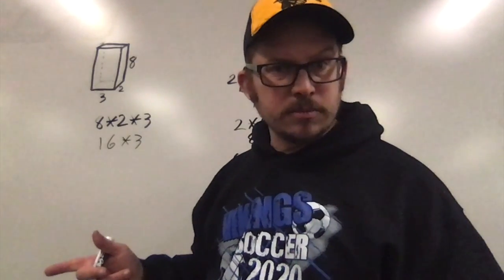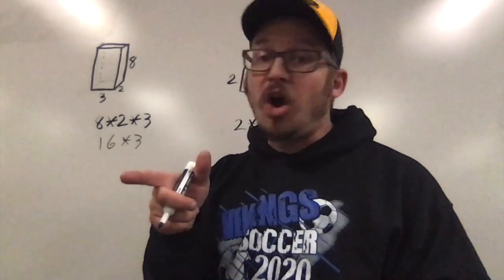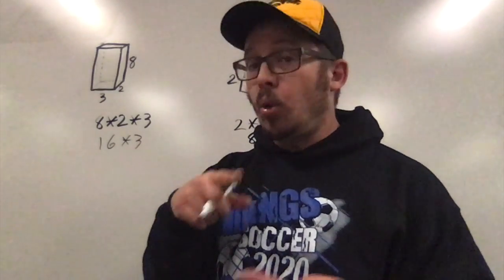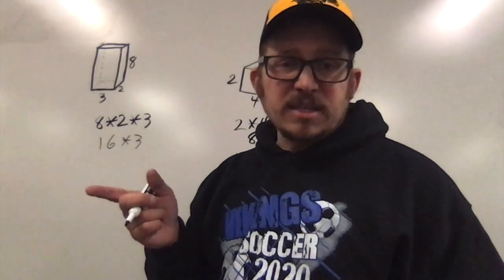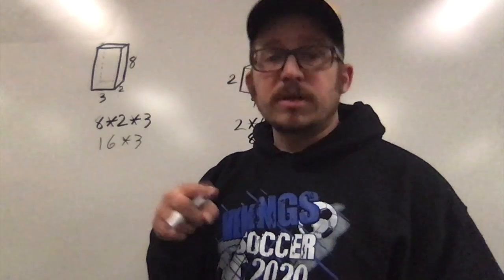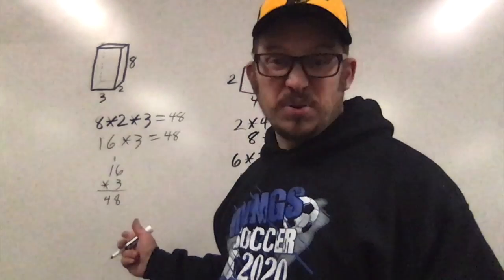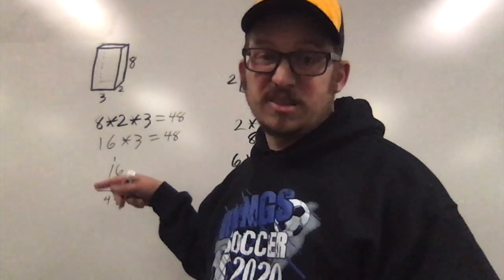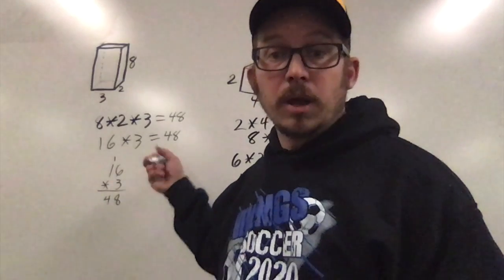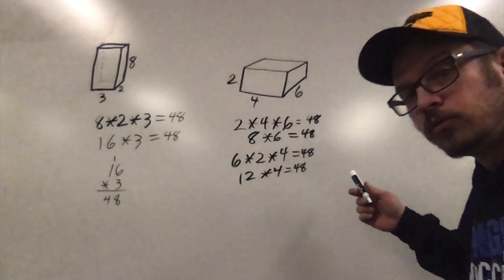And 16 times 3 is, well, we could use the calculator because that's always an option in this class. Or how about this? If we multiply 6 times 3, that's 18. Carry the 1. 3 times 1 plus the 1 we carried, 48. I showed you the thinking long version there. But yeah, 48.